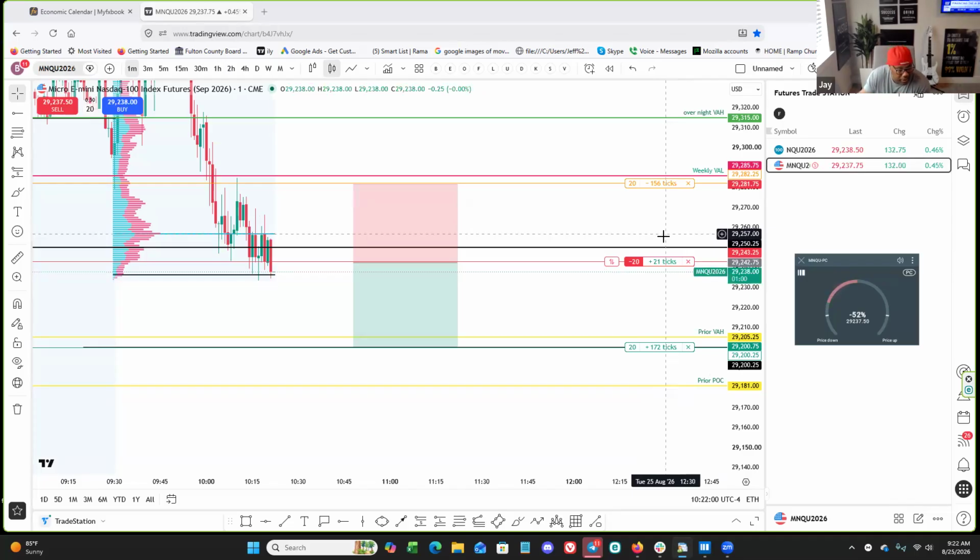But it's just not holding like I want it to hold. There we go. Finally, it's doing a little something. We just don't have it, man. We just do not have it to keep trading lower.